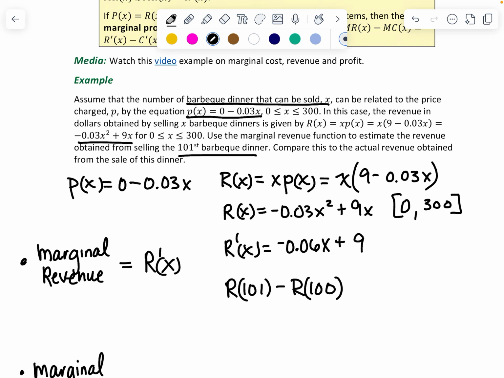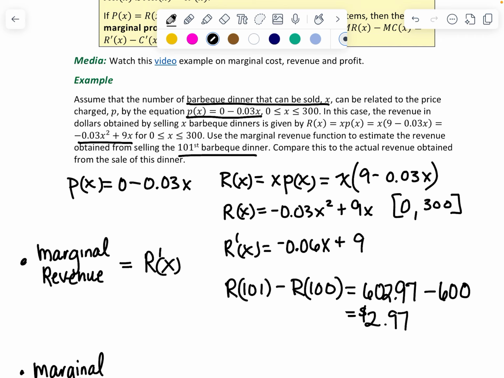That would give you 602.97 minus 600 for R of 100. We have this equation for R up top. And when we do that, we get $2.97. So the marginal revenue is a pretty good estimate.